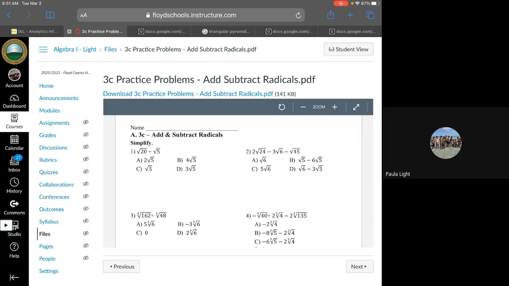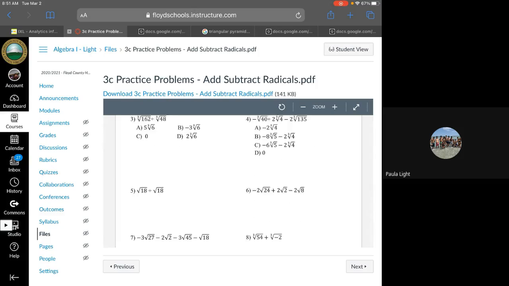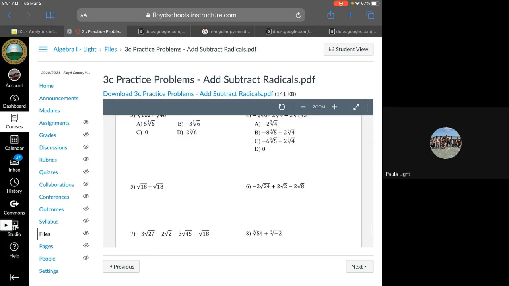Okay. Number 5 is 6 square root of 2. So let me scroll this up a little bit. You don't have an answer, but it's 6 square roots of 2. Number 7. I wonder why they did that. They simplified them, but well, let's see what they ended up with.